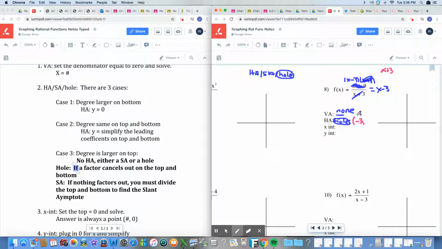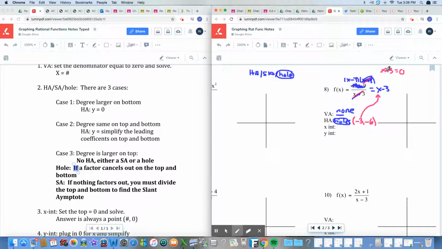How am I going to get what y equals? You're going to take this and plug it into whatever's left over. So negative 3 minus 3 is negative 6. Once again, where do we get this point from? We take the factor that got canceled out, x plus 3, and set that equal to 0.